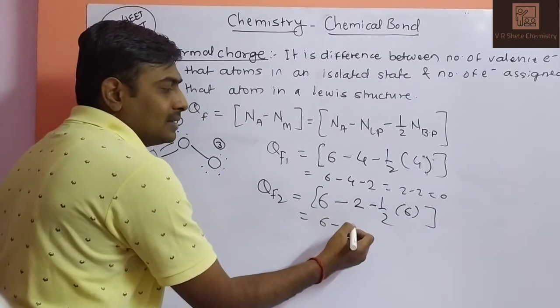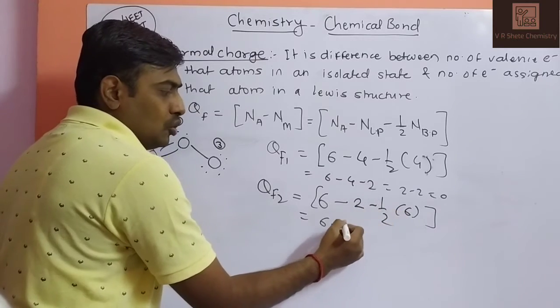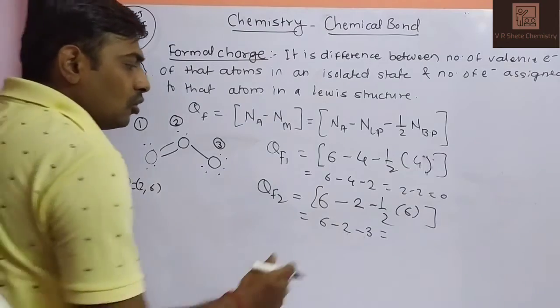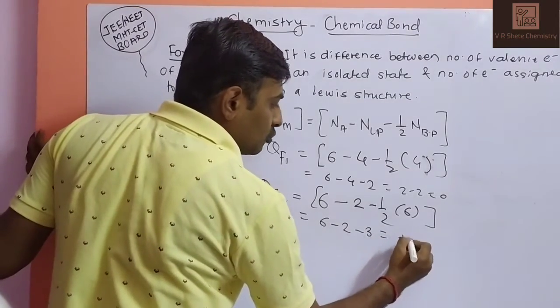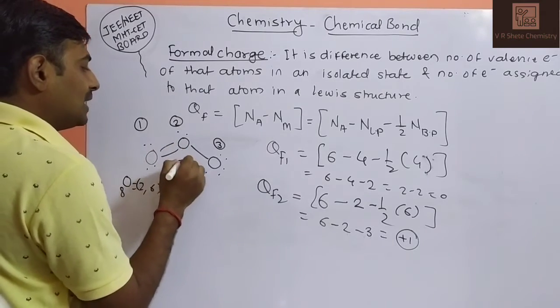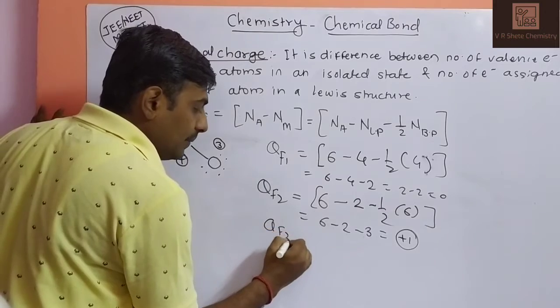So 6 minus 2 is 4, minus 3 gives plus 1. So the charge on the second oxygen is plus 1.